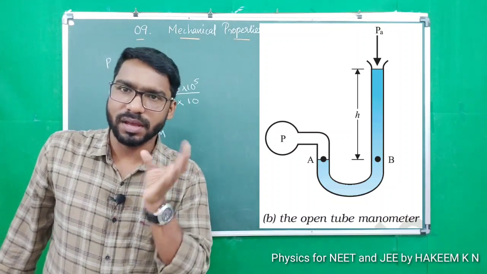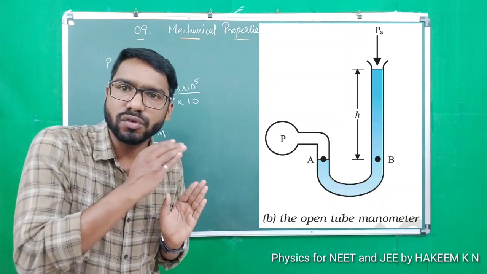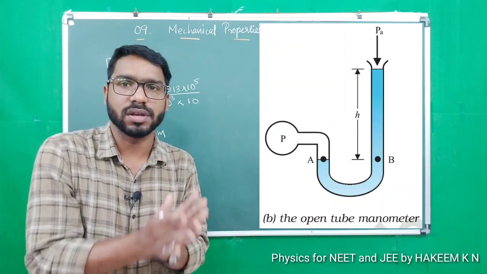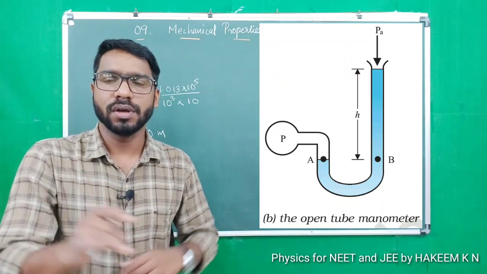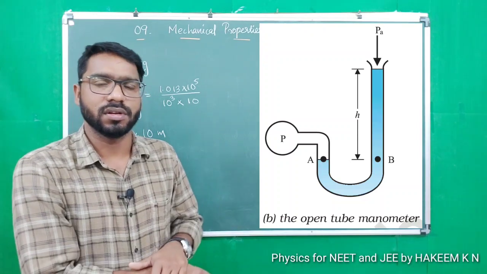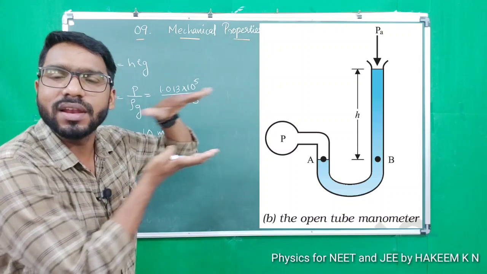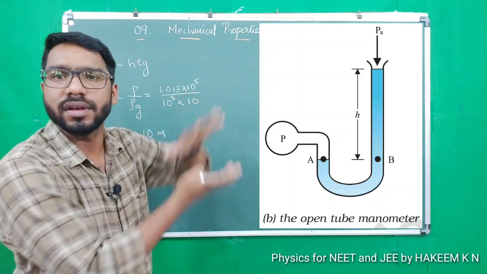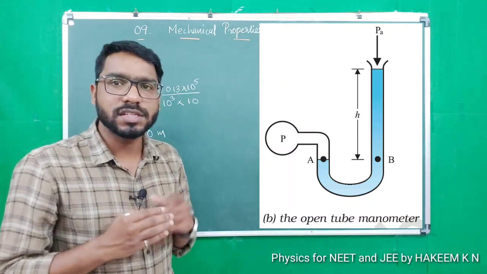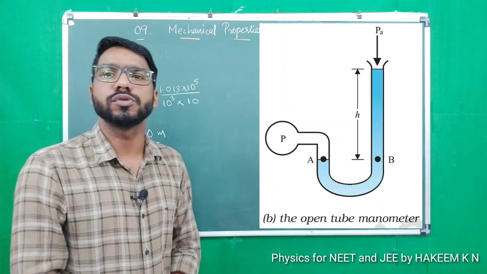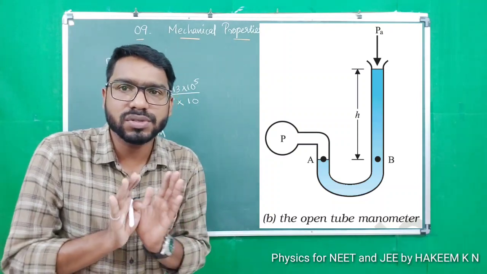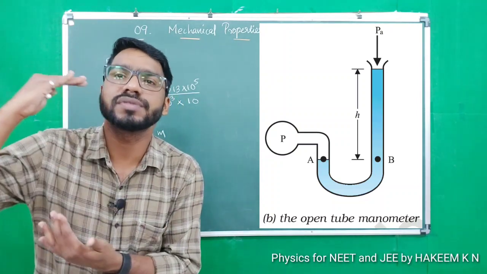The concept behind this is that the pressure due to liquid, or gauge pressure, is directly proportional to the height of the manometer liquid, which indicates the change in levels of liquid. That is the concept behind the open tube manometer, used to measure the pressure of systems.